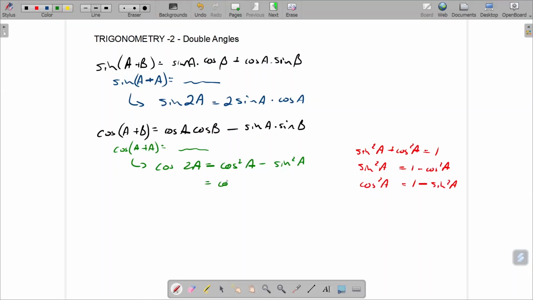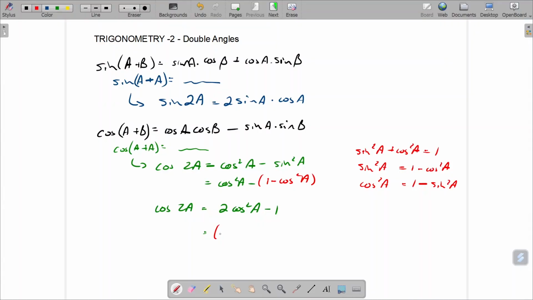Now, substituting those things in here, this would equal cos squared A minus (1 minus cos squared A), which gives us our second variant, which is that cos of 2A equals 2 cos squared A minus 1.